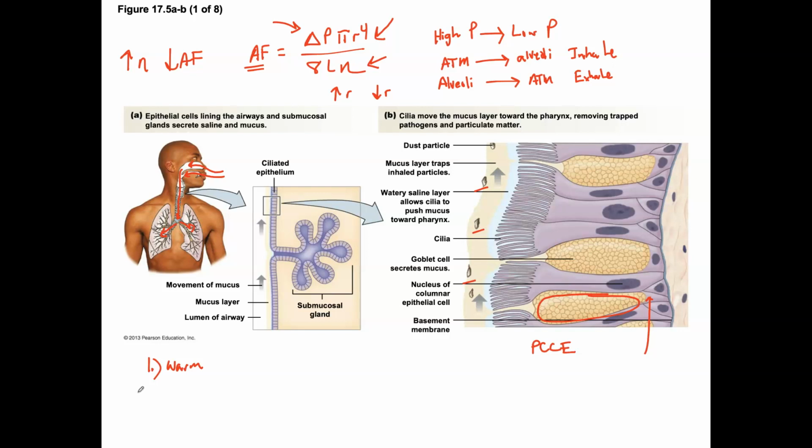Clearly, breathing through your nose is going to be more effective at this process than breathing through your mouth. As you breathe air in through your nose, the air spends more time in your nasal passageways as it circulates around inside the nasal cavity, and so you have more time to warm and humidify and filter the air.